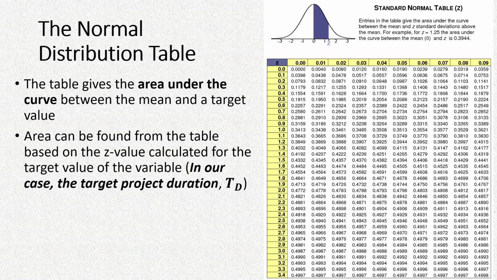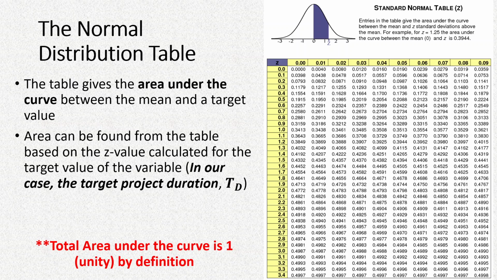So we'll have to first calculate the z value as shown in the previous slide, and when we find out the z value, then from the table we'll have to find out what the area will be.